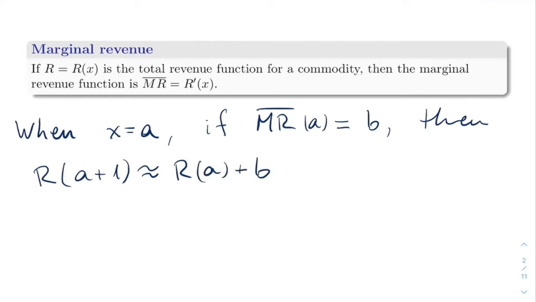So this is saying that the marginal revenue at x equals a says that the revenue will increase more or less b when I sell one more unit.